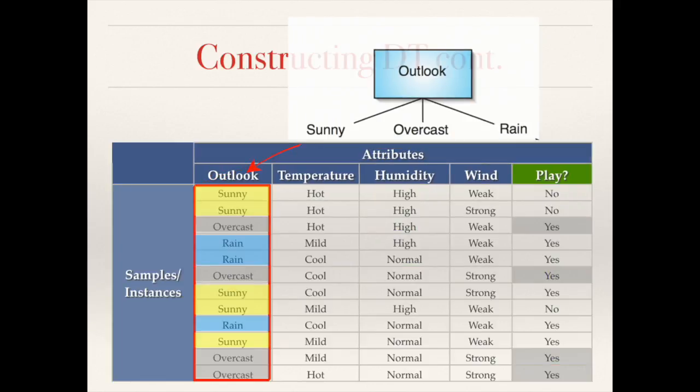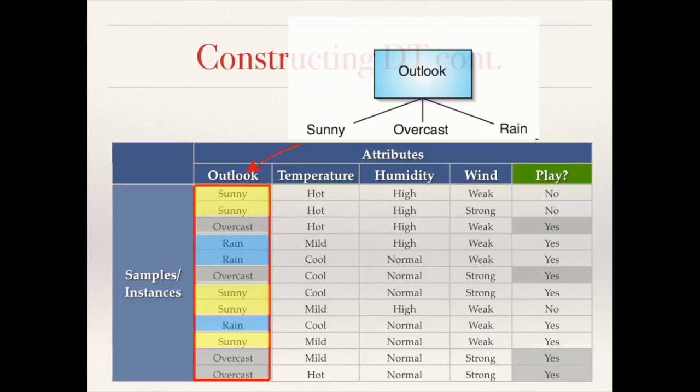The second possible value of the root attribute is when the outlook is overcast. This is very simple because we found that for all overcast days, the game was carried on.